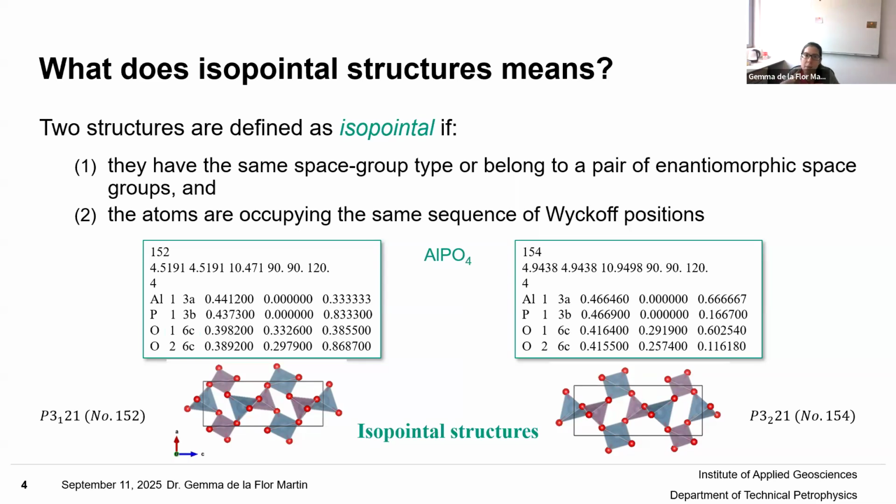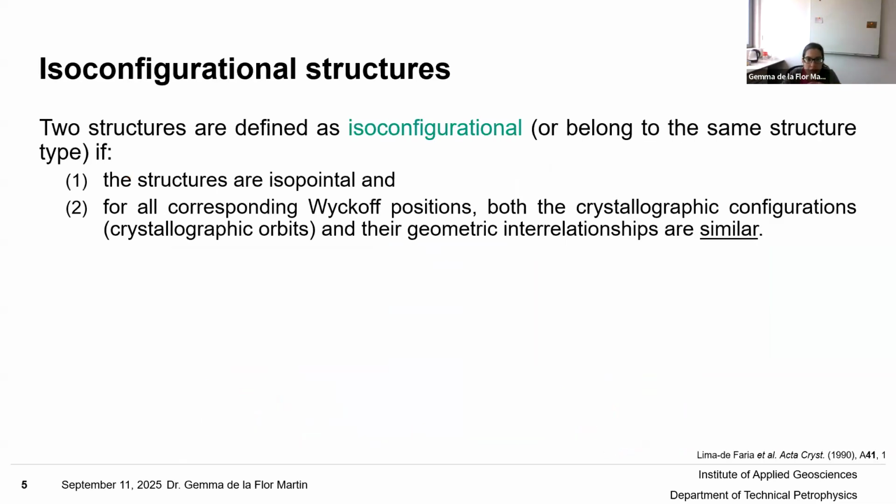Now that we know what isopointal means, let's move to the next concept, that is isoconfigurational. So two structures are defined as isoconfigurational, or as belonging to the same structure type, if they are isopointal, and for all corresponding Wyckoff positions, both the crystallographic configurations and the geometric interrelationship are similar.